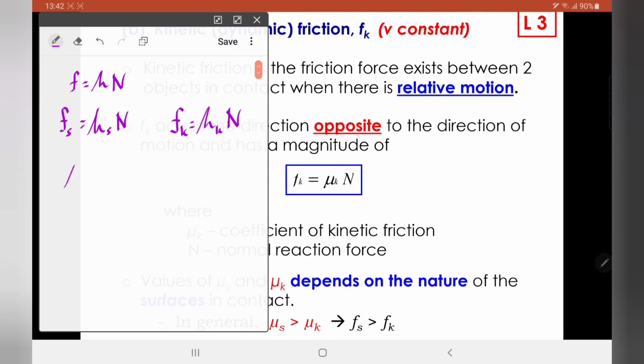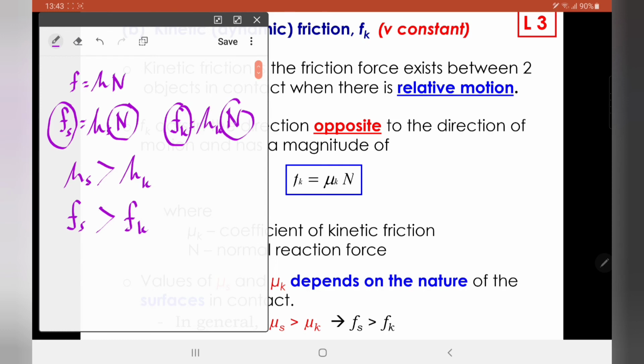And we know that mu s is greater than mu k, isn't it? So automatically Fs is also greater than Fk, because F and N are directly proportional. Still the same, F and N are directly proportional. So by having a greater mu s, Fs is also greater.